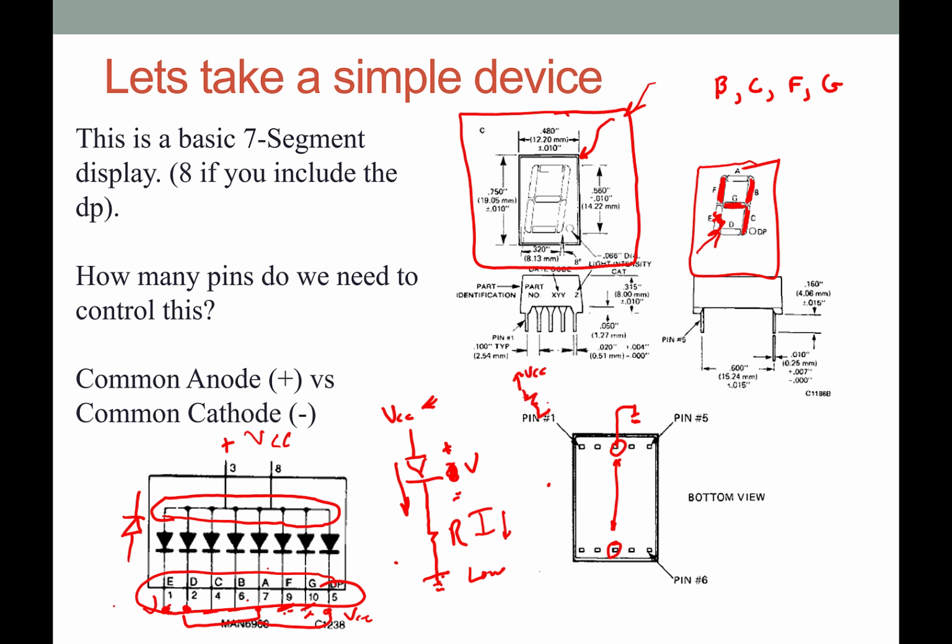We'd put our resistor just to protect ourselves, and then we'd go to E. And then if this circuit, when we hooked it up, that segment lit up, we know that our particular chip was common cathode.